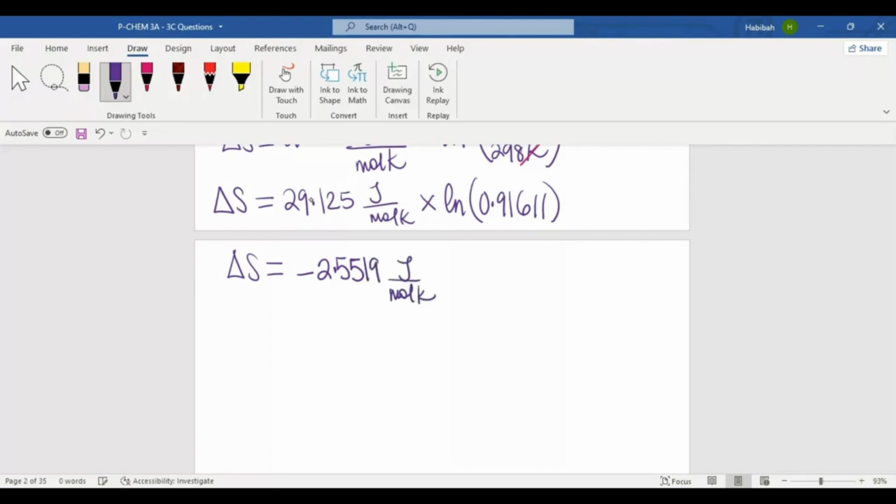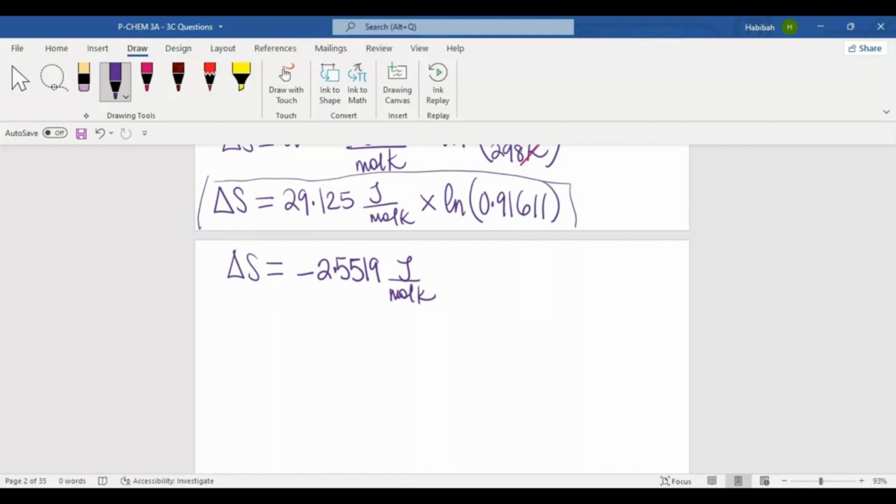So when we multiply what is up here that I'm putting in a box, you do 29.125 times ln 0.91611. Remember, the ln of anything less than 1 is going to give you a negative value, hence the reason why we have a negative here. So when you multiply both of them together, you have negative 2.5519 joule per mole Kelvin.